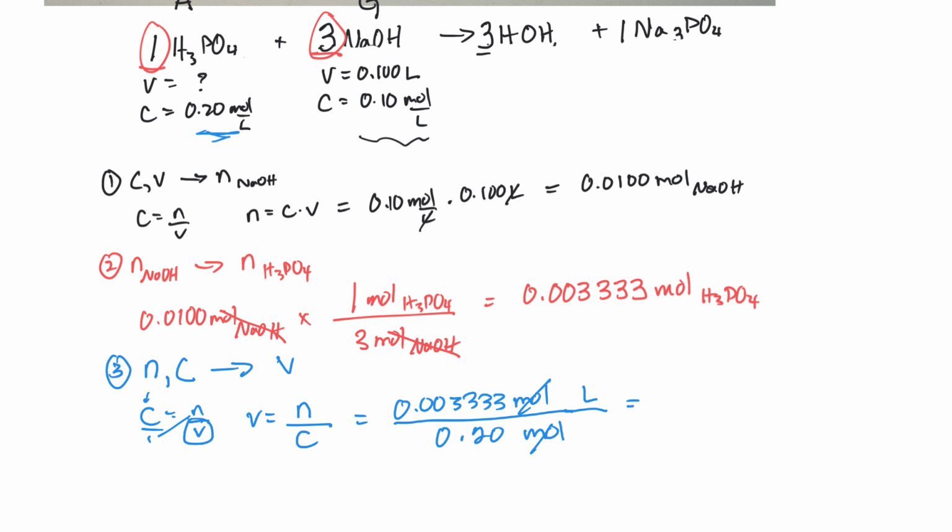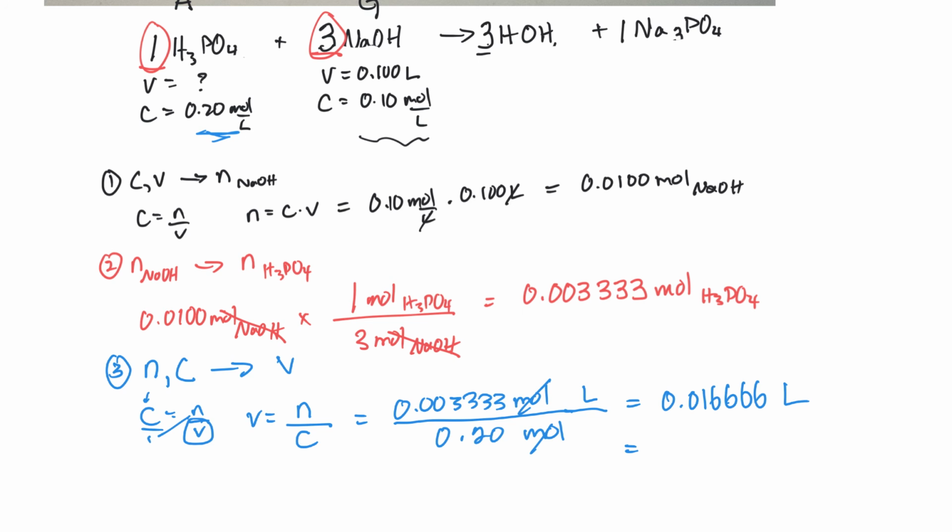Moles cancel, I'm winding up with volume, which is excellent. So I take the number I had before and divide it by 0.2. This gives me 0.01 and then a bunch of 6s, and that's liters.